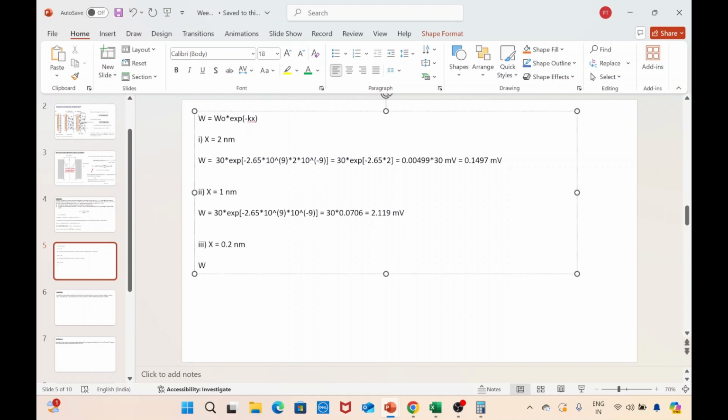Then the potential at 0.2 nanometer distance from the surface will be 30 times exponential of minus 2.65 times 10 to the power 9, times 0.2 nanometers, that is 2 times 10 to the power minus 10 meters.